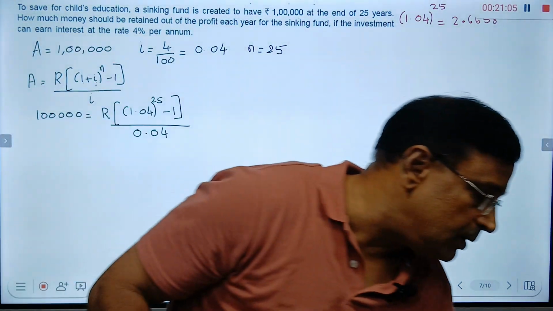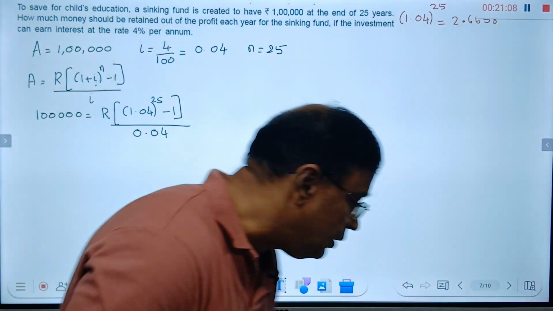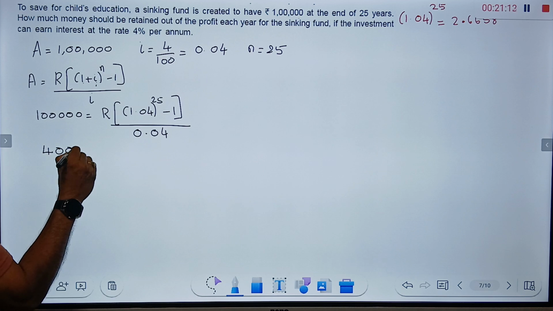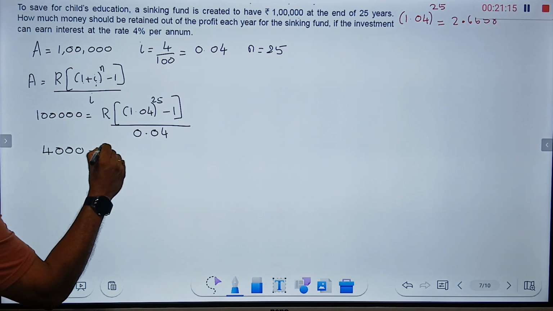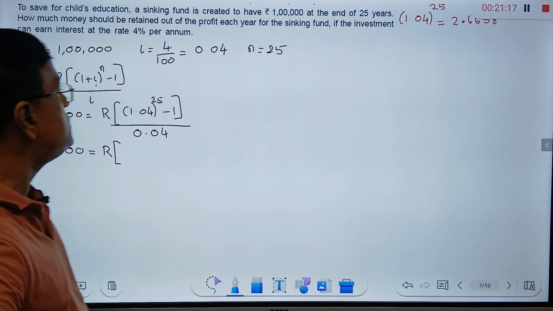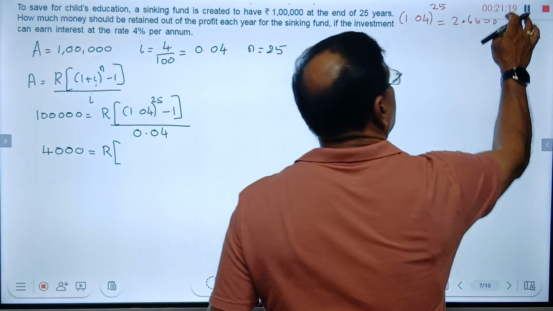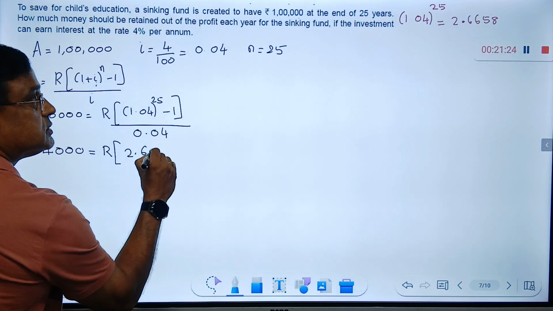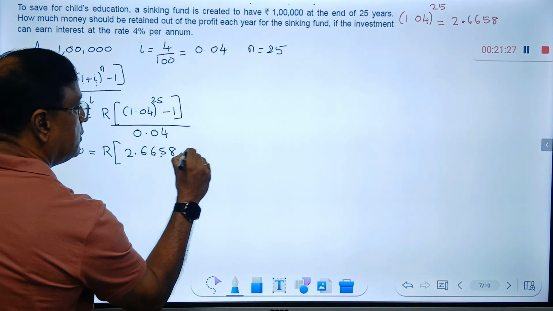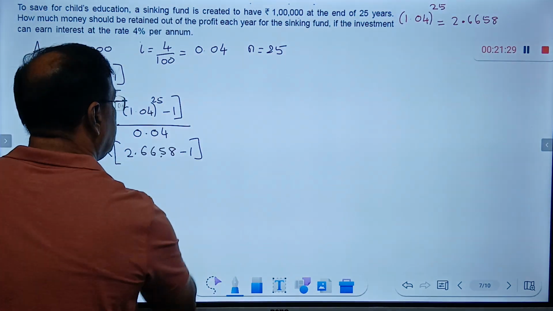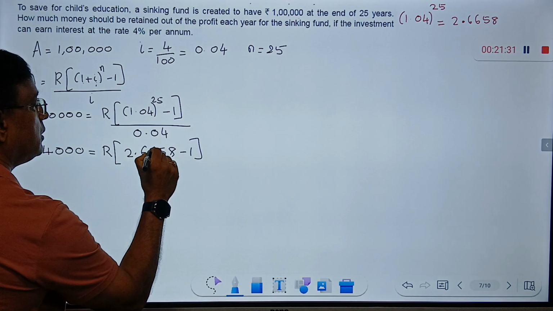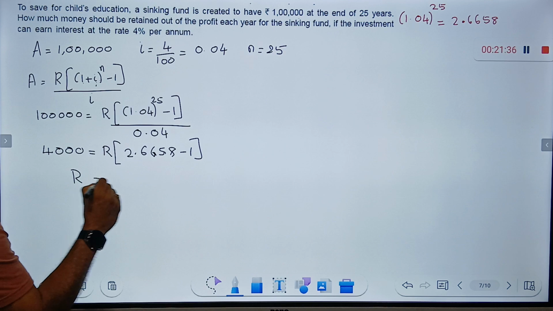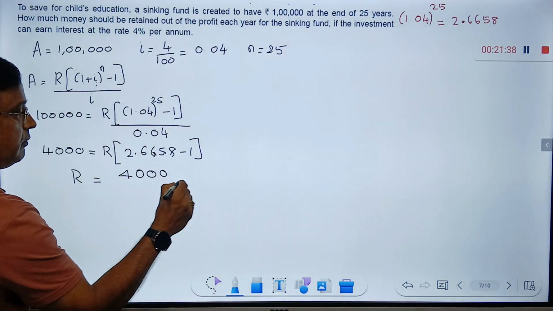Now what you do is just cross multiply. So when you cross multiply, what will you get? You will get 4,000. Am I right? 4,000 equal to R into, I have given 1.04 power 25 as 2.6658. So R equal to 4,000 divided by 1.6658.